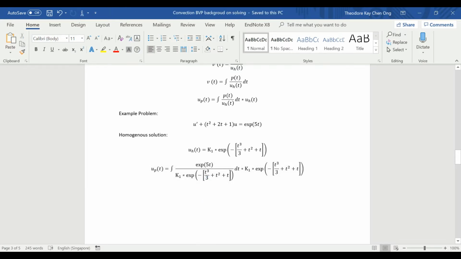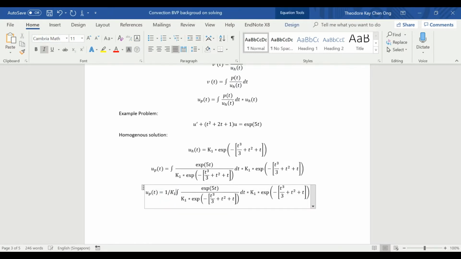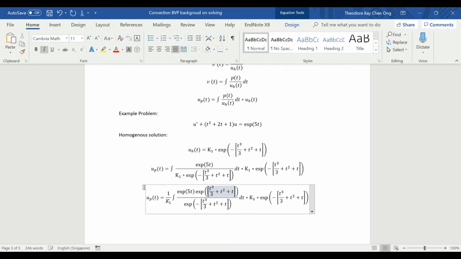So let's put this here. We'll get 1 over k1 on the outside. Then we will have this. Alright, I'm just going to delete the denominator.